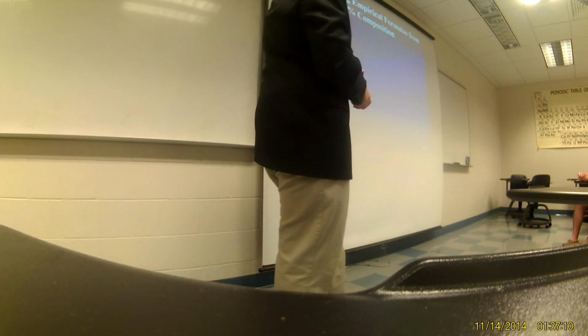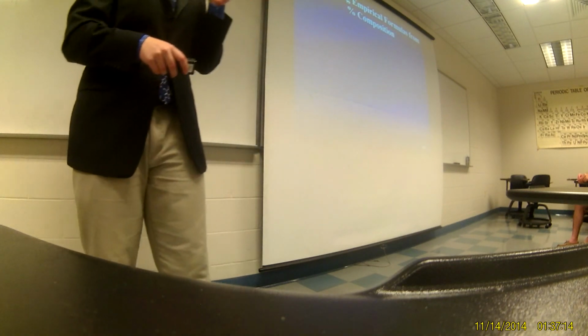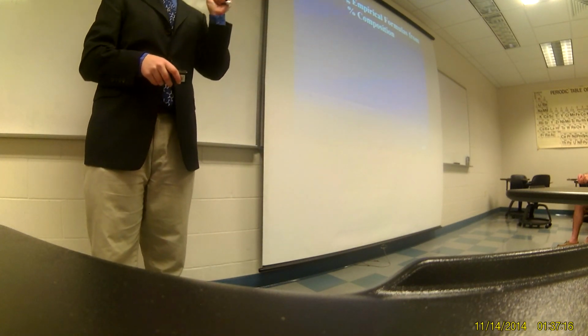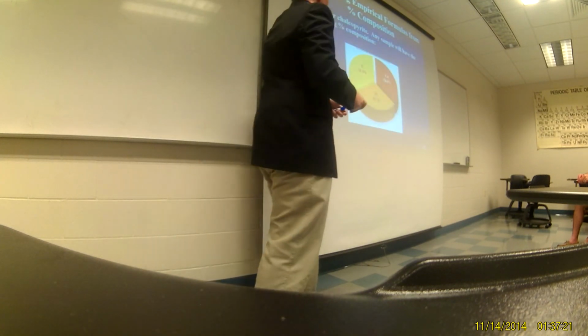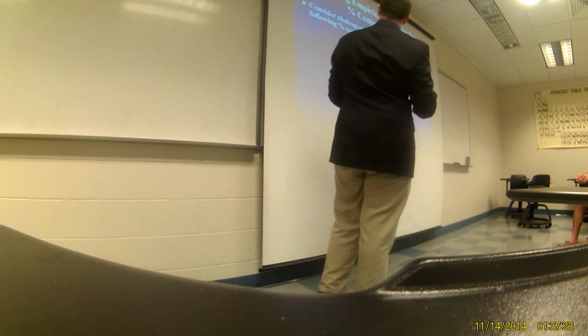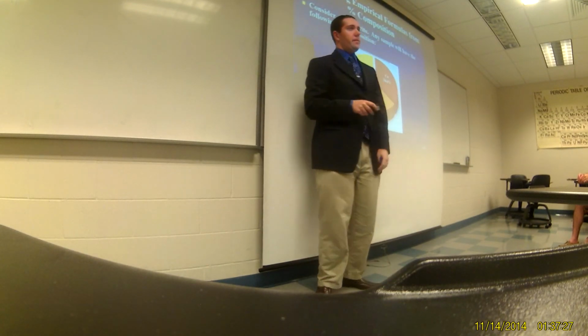So when we calculate empirical formulas, we are going to start with our percent composition, our mass percent that we started the lecture with. We're going to come back to our chalcopyrite. And we knew that this was our percent composition.